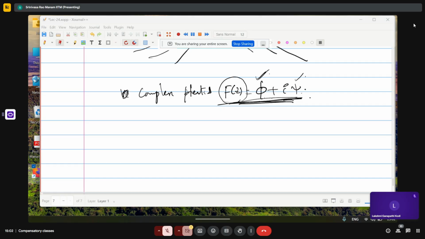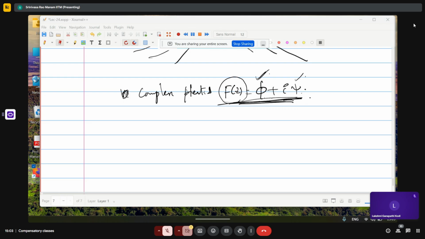In that case, what exactly is my complex potential? You can easily identify different situations like source, sink, vortex, and then combinations: a source and sink combination will give you a doublet, and doublet plus uniform flow. What is that you got? Flow past a cylinder.